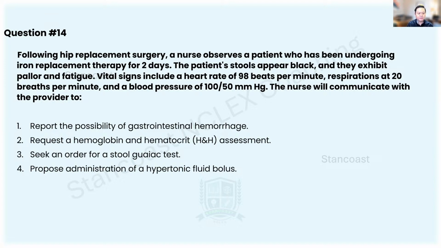So it said here, following hip replacement surgery, the patient has been undergoing iron replacement therapy for 2 days. The patient's stools appear black, with pallor and fatigue. Vital signs include a heart rate of 98 beats per minute, respiration 20, and blood pressure of 100/50 mmHg.